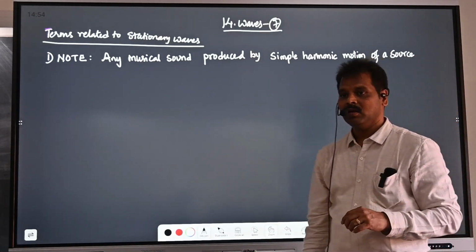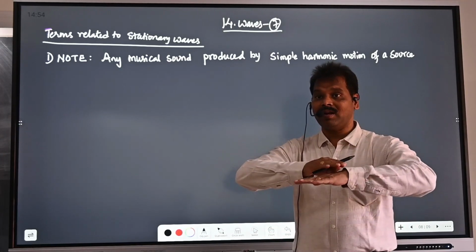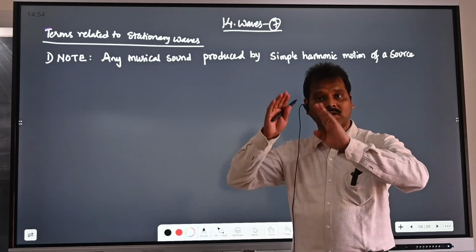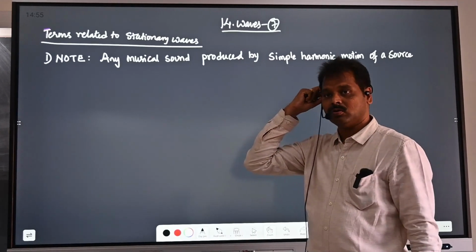Suppose you take a drum. When the drum is vibrating, the layer of the drum is oscillating simple harmonically. The sound that is coming from the drum is called a note.